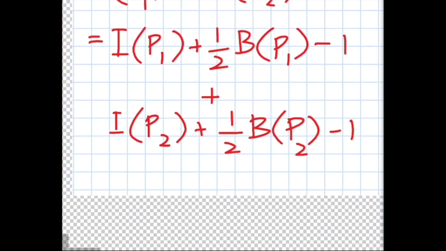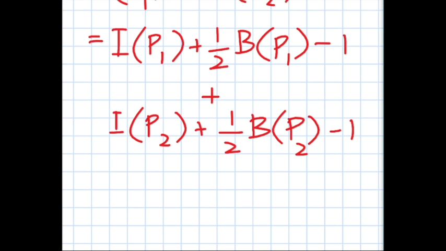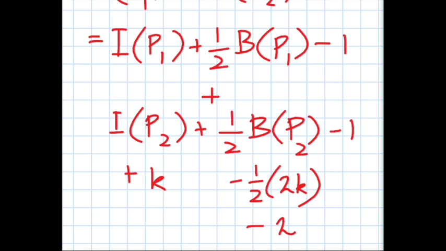Now what I can do is add k here and subtract half of 2k here, and then I can subtract 2 here and add 2 here.